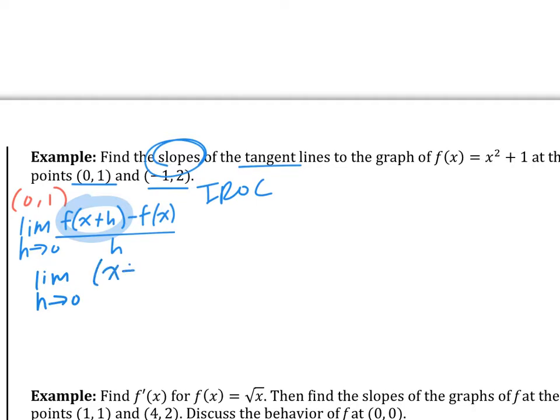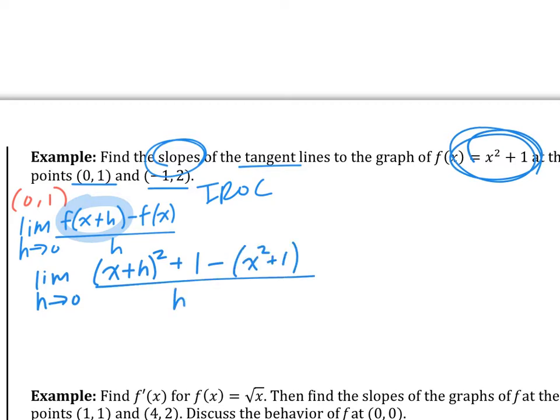So anywhere you have an x, you put x plus h, plus 1. So I take that function, wherever I have an x, I put x plus h. That's what f of something means. Okay? Minus f of x. F of x is x squared plus 1. And then divide everything by h.